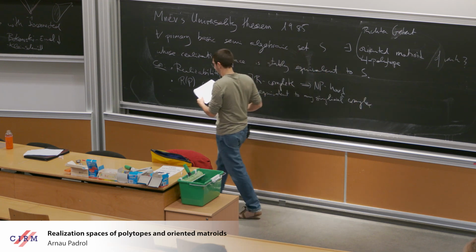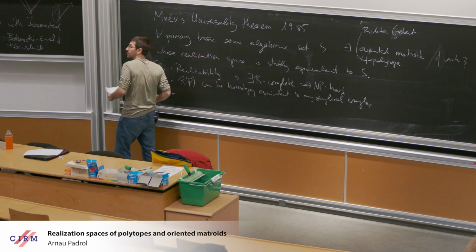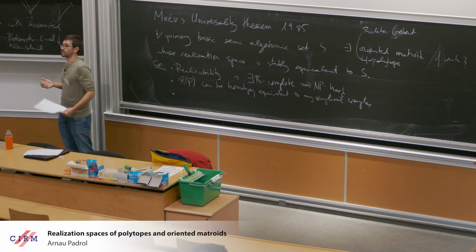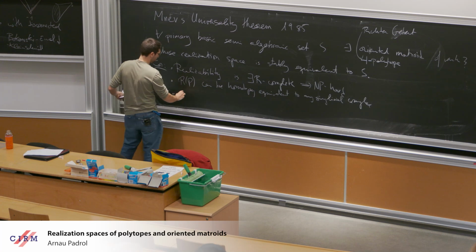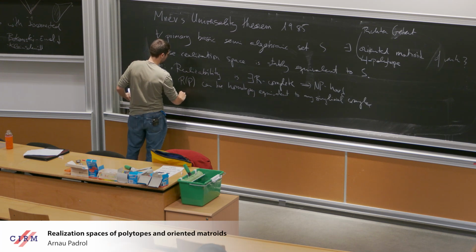You need all algebraic numbers to realize oriented matroids and polytopes. In particular, you cannot do it only with rational numbers.